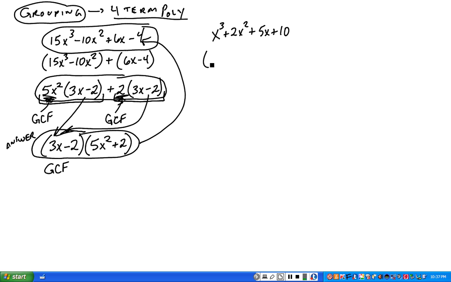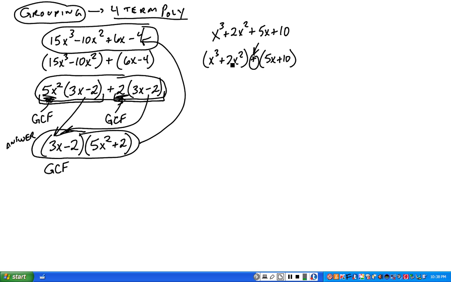I group the first two, write my plus sign, group the last two. Let me point out, it is very important that you keep that sign there. It's just a matter of principle and keeping yourself on track.